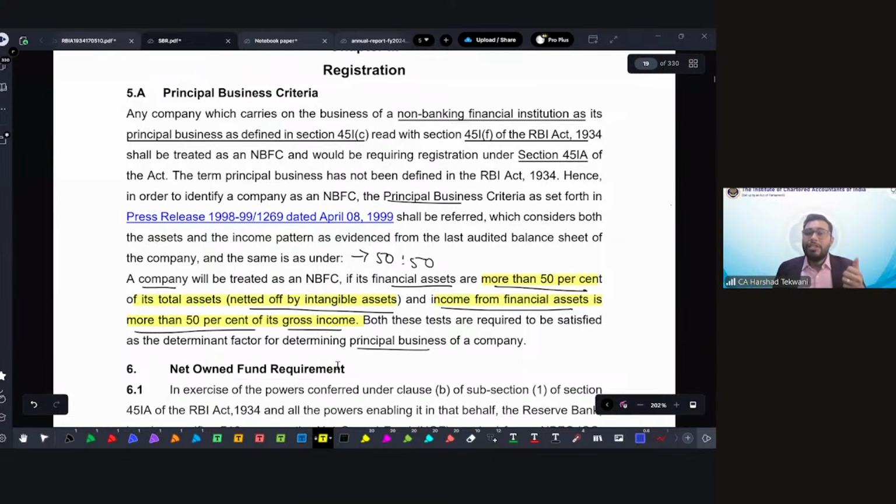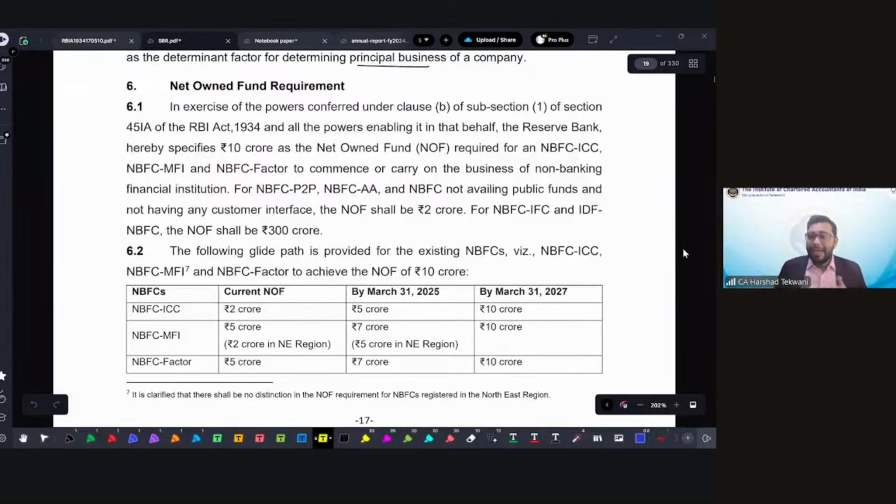Now, the regulation specifies what the requirements of the net own funds are. There is a glide path given for the net own funds. For NBFC ICC, NBFC MFI, NBFC Factor, the net own funds by March 2025 was 5 CR, 7 CR, and 7 CR.